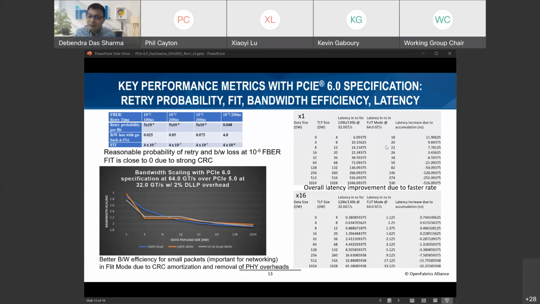So that's where the smaller payloads tend to hurt in terms of the latency, right? But by the time you're hitting 64 bytes, even for a by one link, you're within a reasonable number. But if you look into the by 16, which is most of the usage cases, especially in the networking side, your latency is flat. You're going to gain in terms of latency.